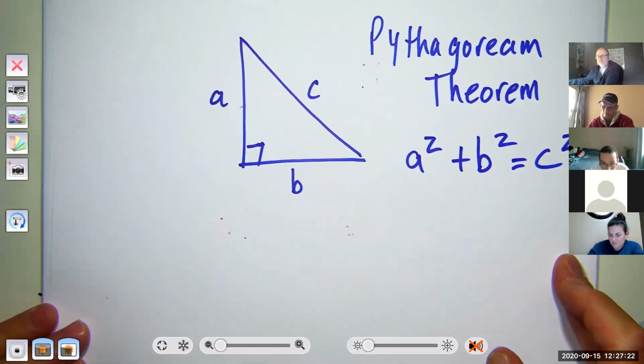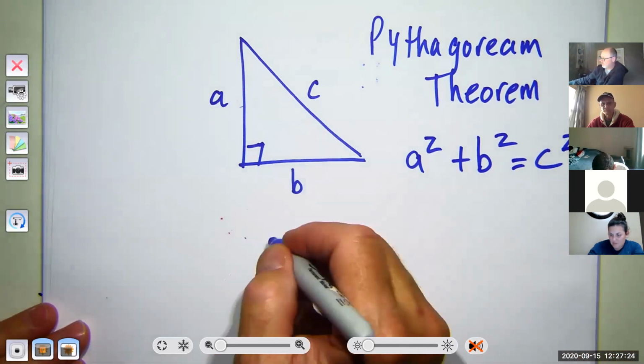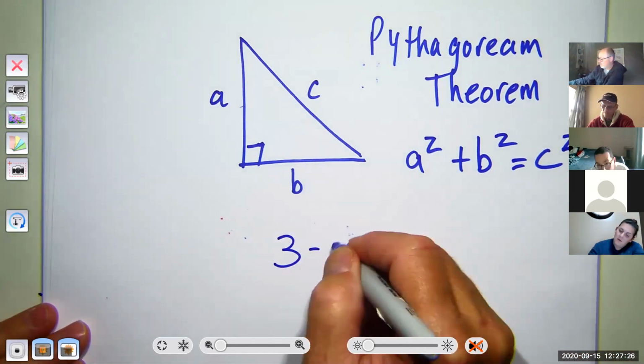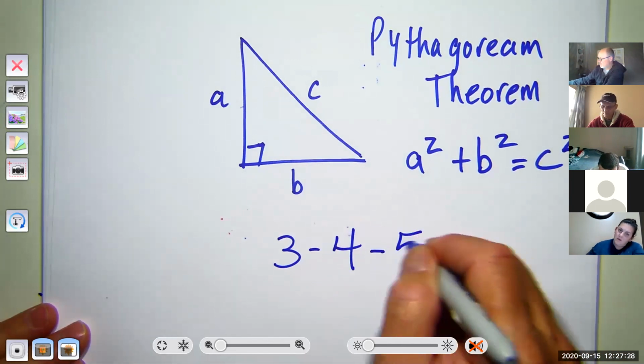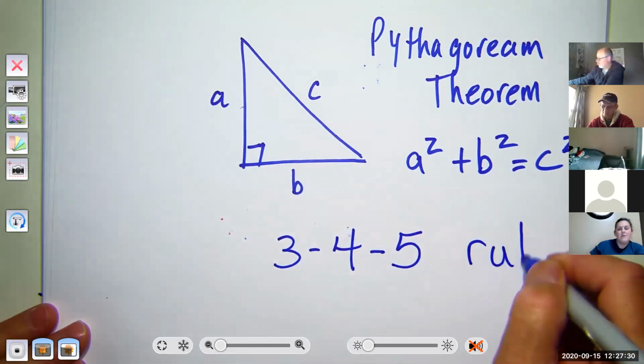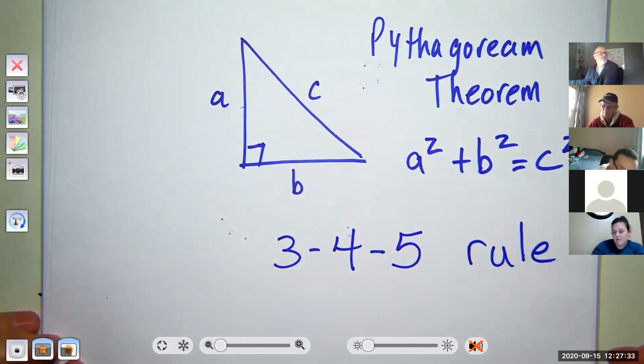And before I get too far, I want to talk about the 3-4-5 rule. Does anybody know what the 3-4-5 rule is?